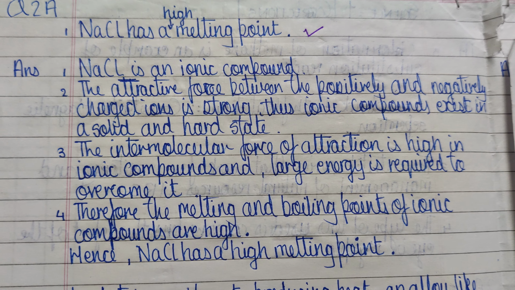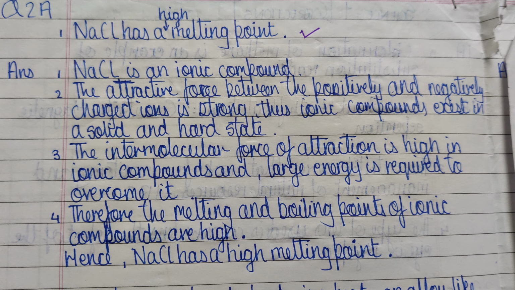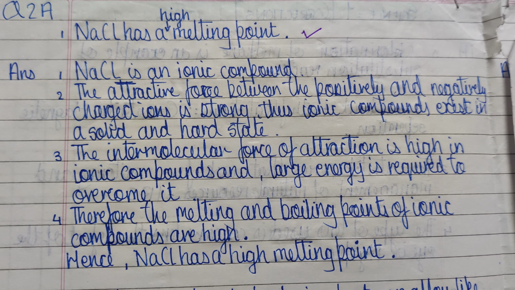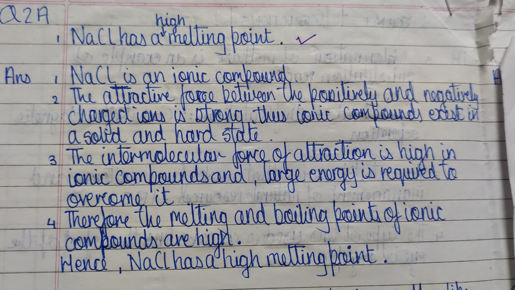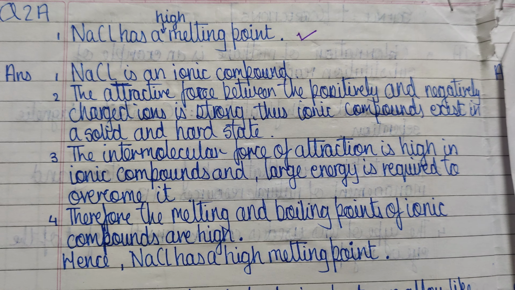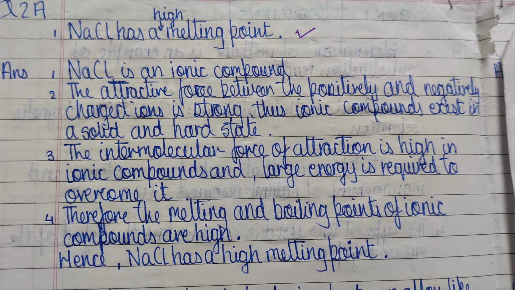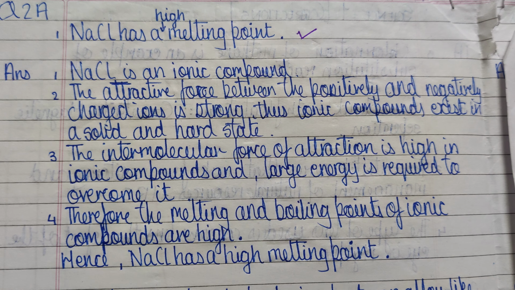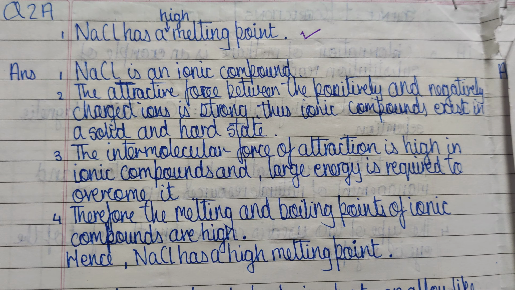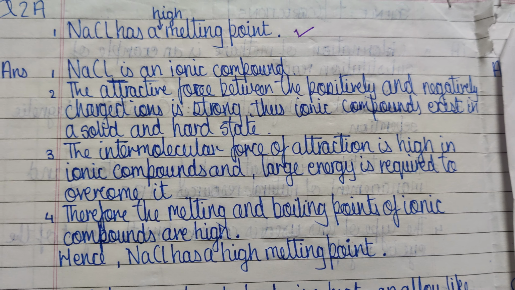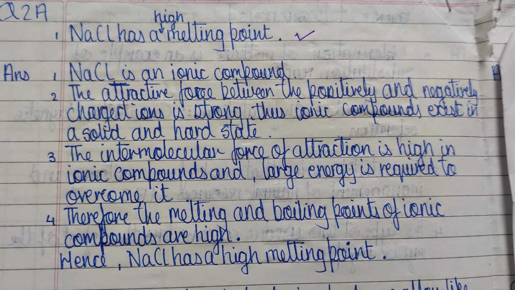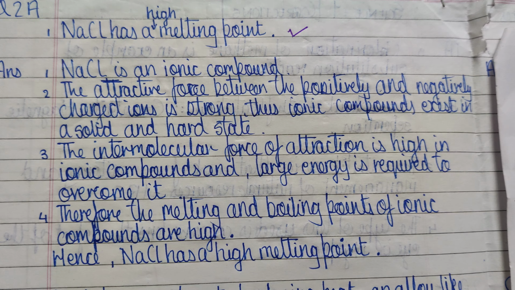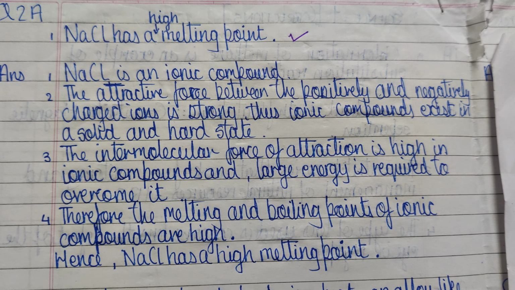Thus, ionic compounds exist in a solid and hard state. The intermolecular force of attraction is high in ionic compounds and large energy is required to overcome it. Therefore, the melting and boiling points of ionic compounds are high. Hence, NaCl has a high melting point.